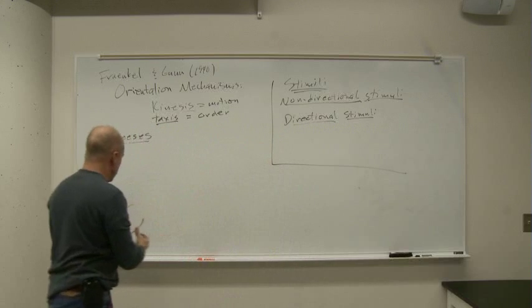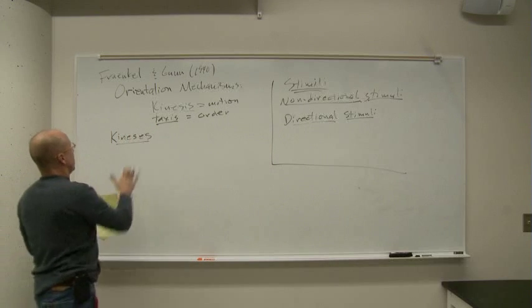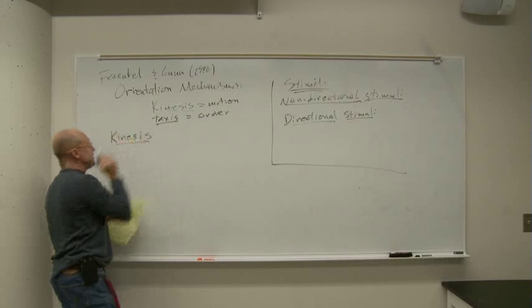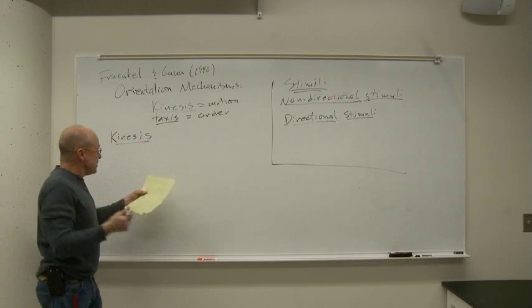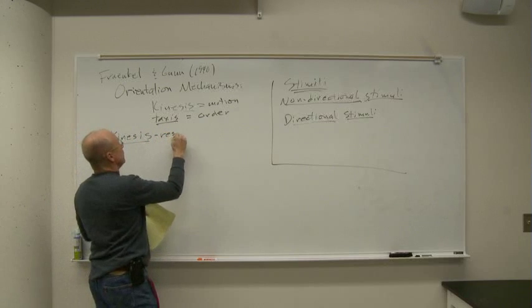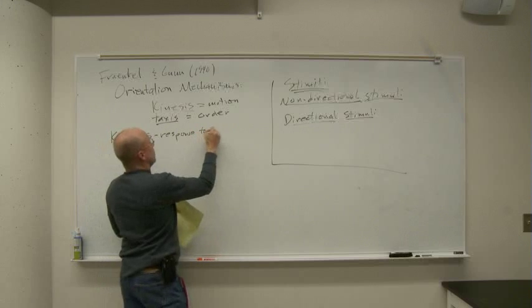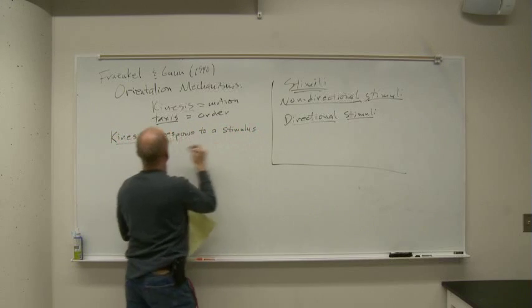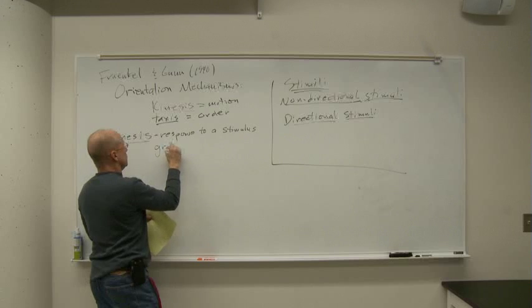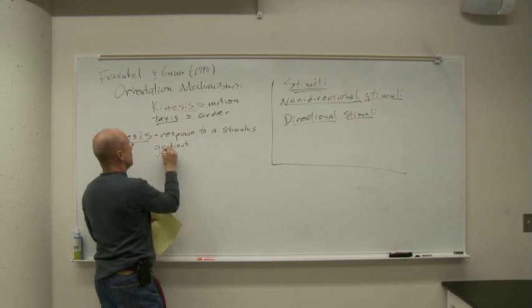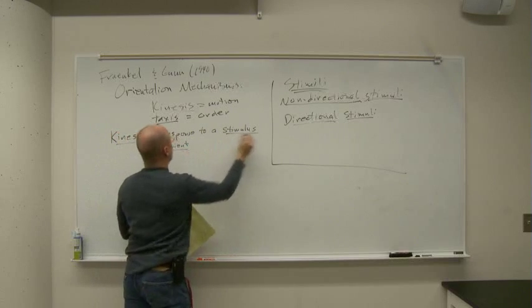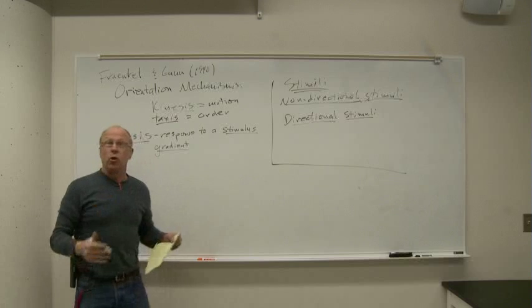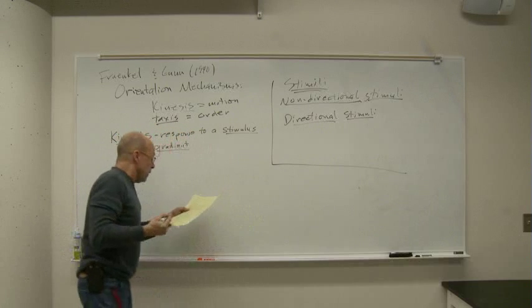So now we get to kineses. I think I'm going to change this to kinesis and define it. This is response to a stimulus gradient. I'm going to underline stimulus gradient because I'd like us to be familiarized with what a gradient means.